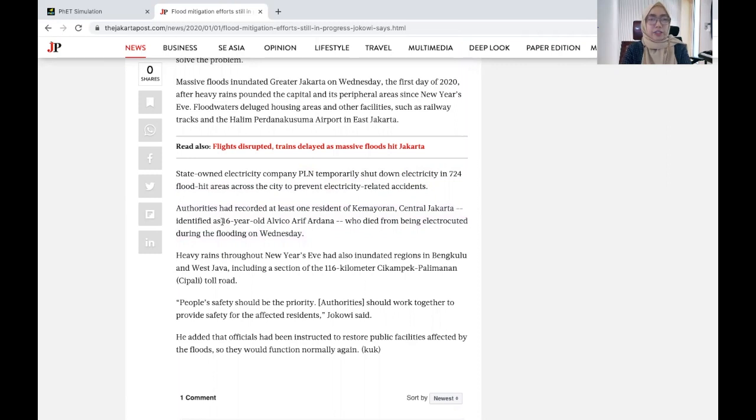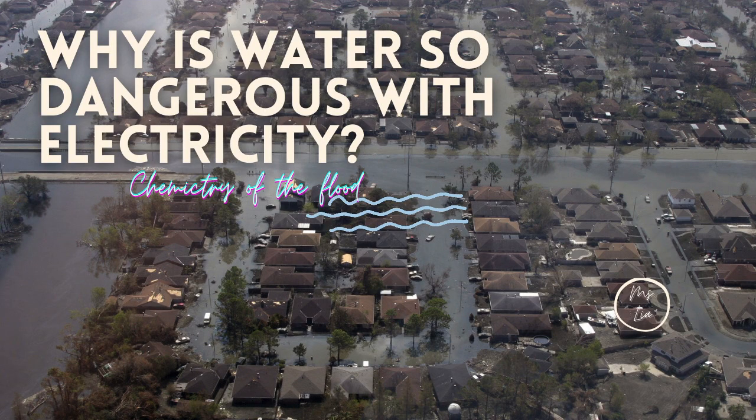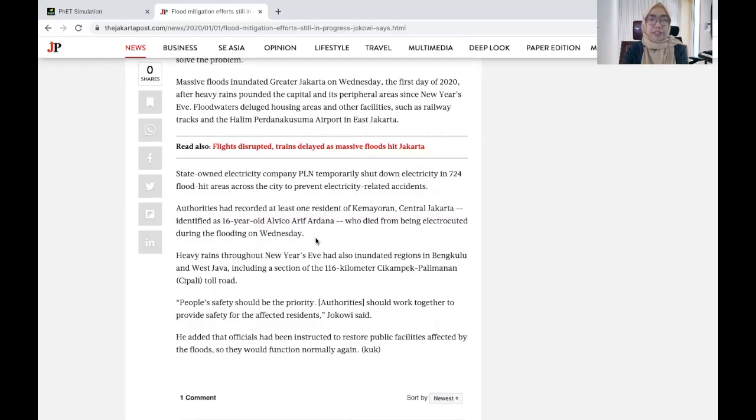In this news, it says that a 60 years old child died from being electrocuted during the flooding on Wednesday. Jadi ada anak yang kesetrum. Can you guess?